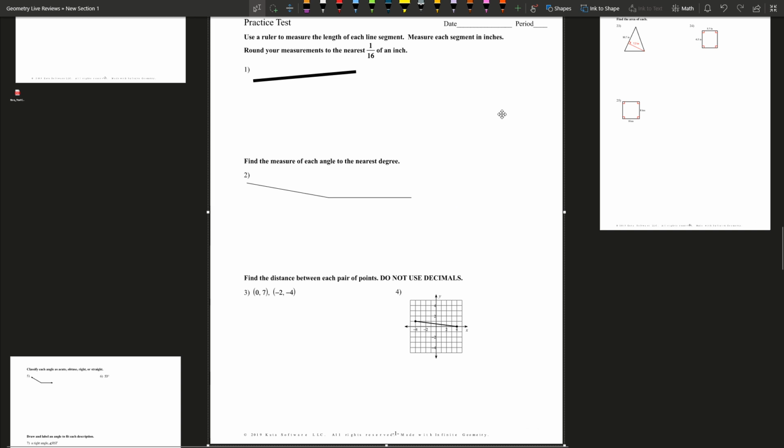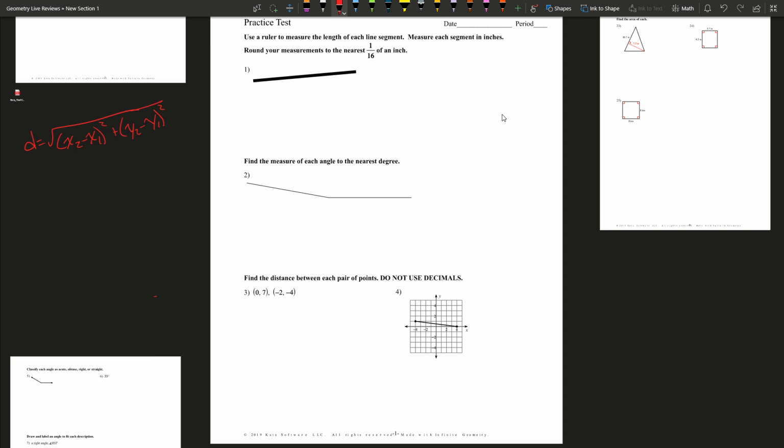So Sam, distance. You have to know the distance formula, which is the square root of the difference between the x's squared plus the difference between the y's squared.